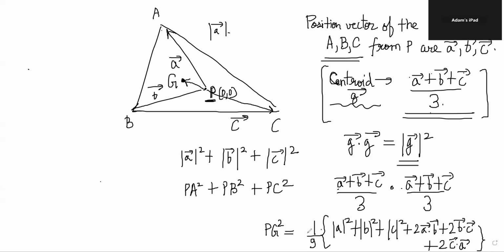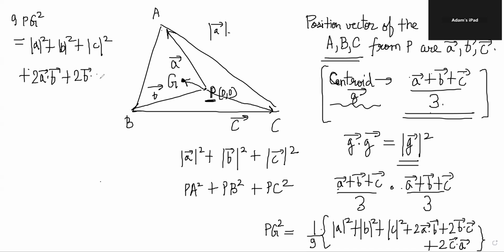Then we can write 9 PG square is equal to mod A square plus mod B square plus mod C square plus 2 times A dot B plus 2 times B dot C plus 2 times C dot A. And this stuff is my PA square, PB square, PC square.